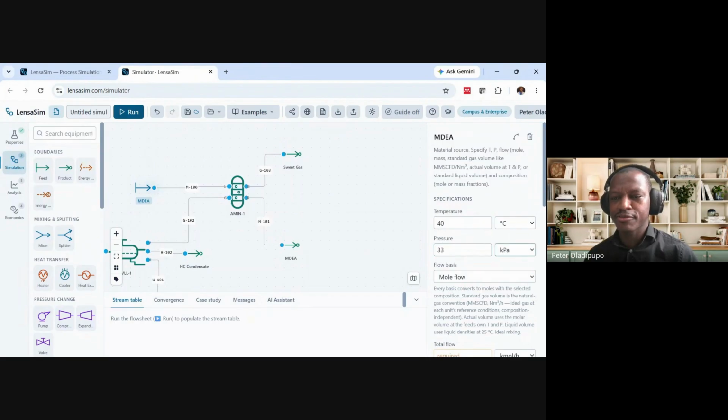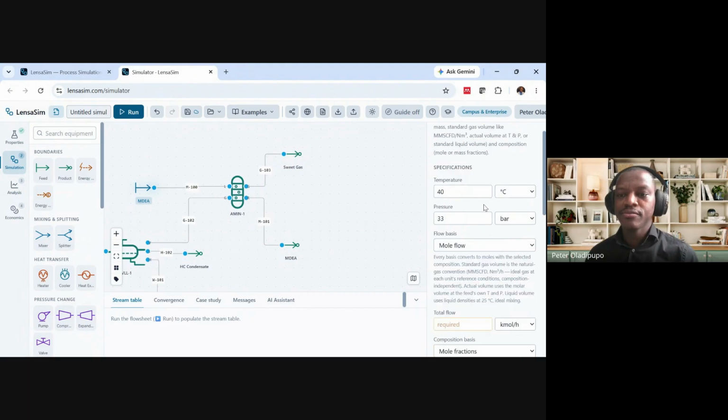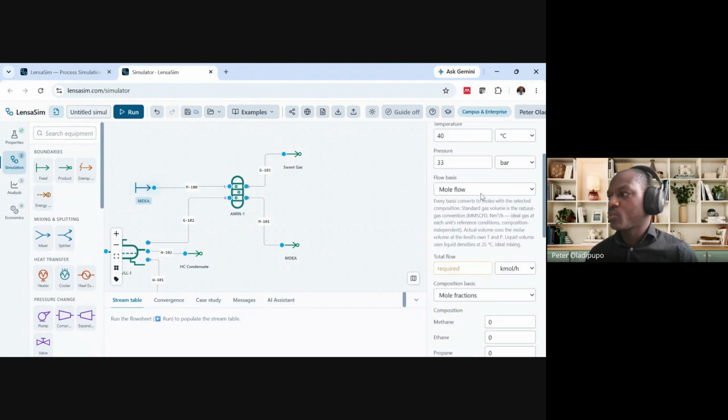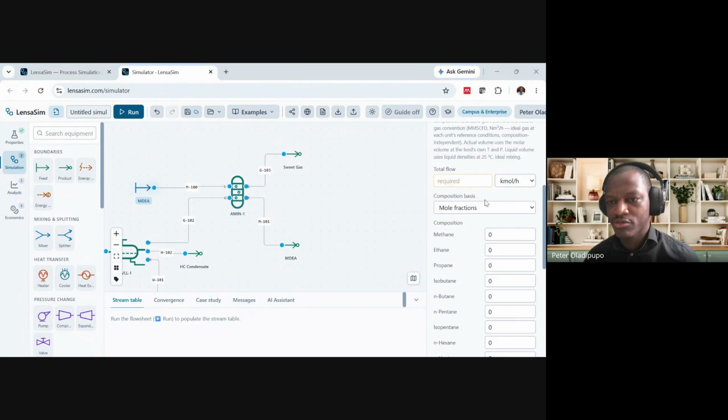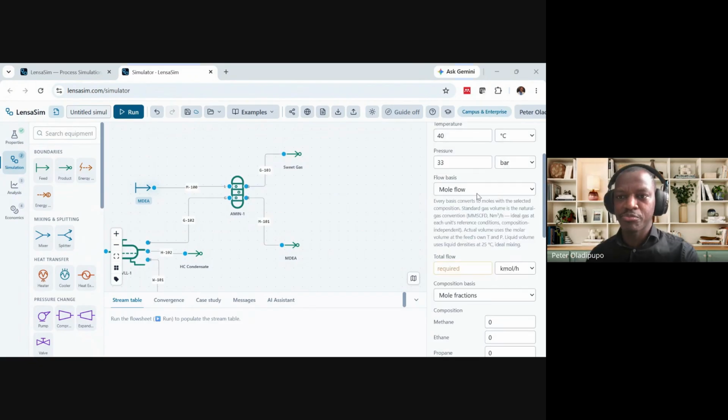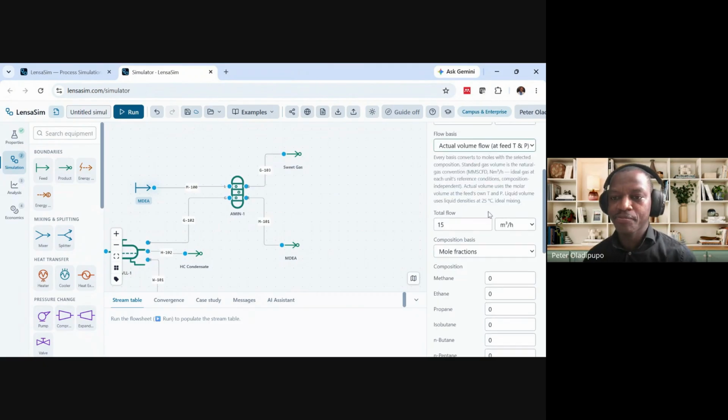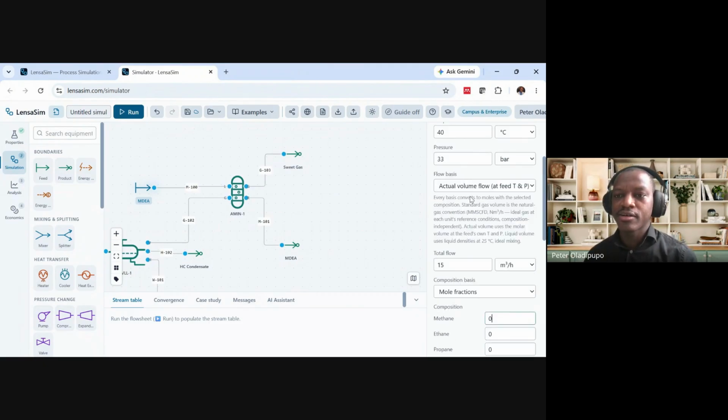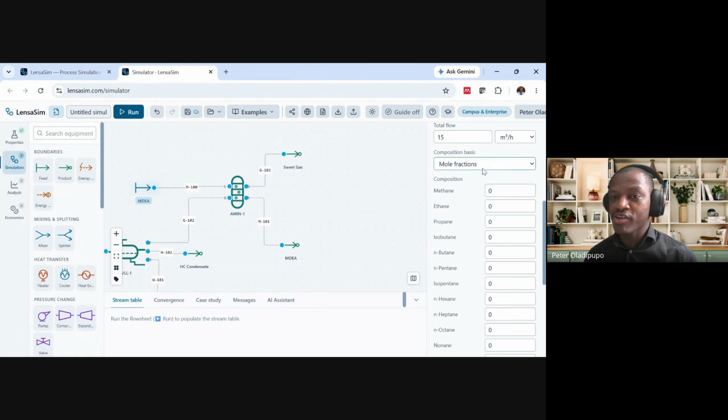Okay, so let me specify. Choose bar first. So 33 bar, and at the flow rate of 15 meter cube per hour. Volume, just actual volume flow rate. So the flow basis will be in actual volume, right? At temperature, 50 meter cube per hour. Okay. Now it's mass fraction, right?